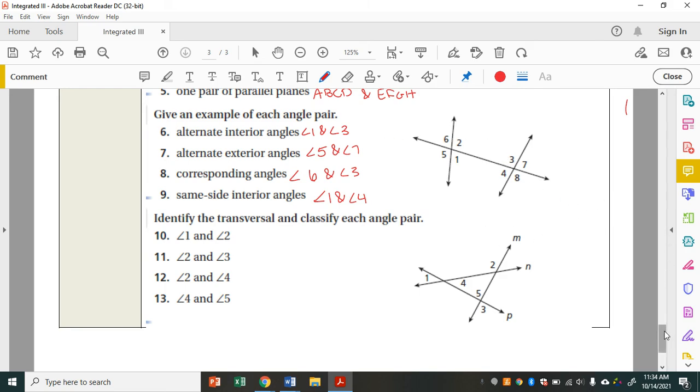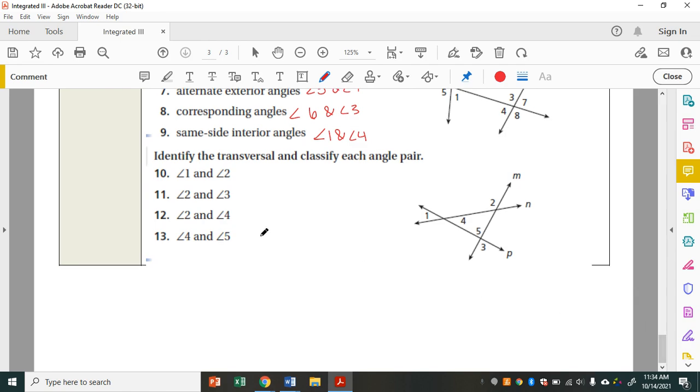And then this last example is very similar to one we had done above. We wanted to identify the transversal and then classify each angle. Looking at angle 1 and angle 2, our transversal is line N, and those are corresponding angles. Angle 2 and angle 3, M would be our transversal, and those are going to be alternate exterior angles.